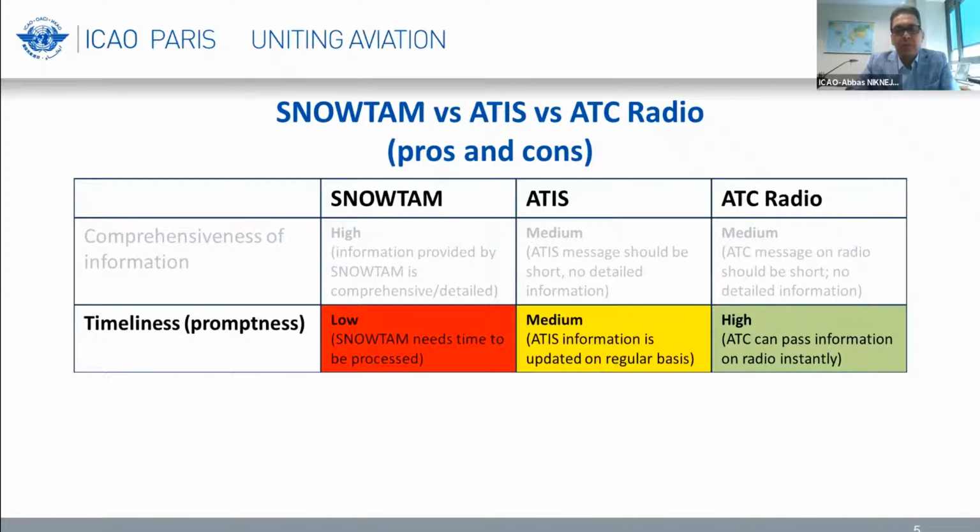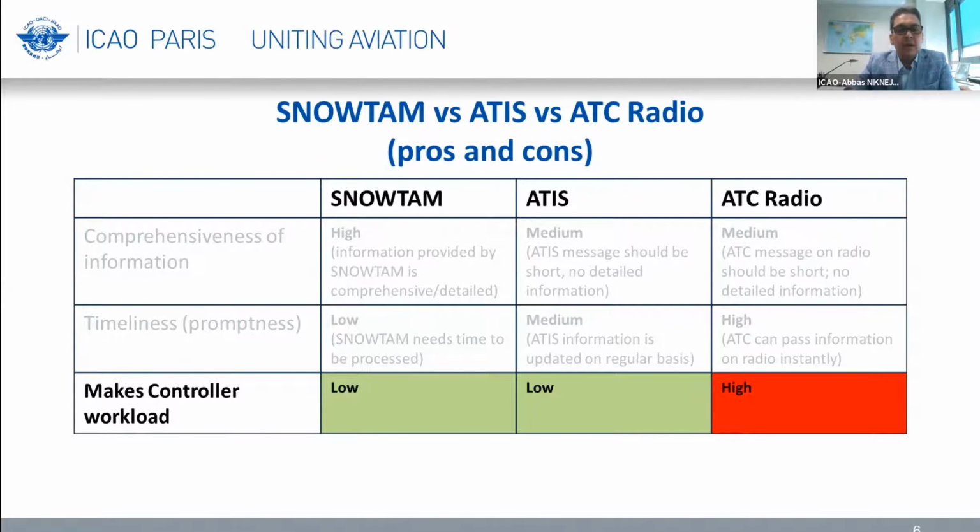And ATIS is something in the middle because ATIS is updated on a regular basis every 30 minutes or 1 hour, and we need some time to record the information on ATIS, and ATC radio is for sure more timely. But on the other hand, in terms of controller workload, the Snowtam and ATIS would not add controller workload, but if controllers are supposed to promulgate a lot of information on radio, the controller workload would be high in this case.